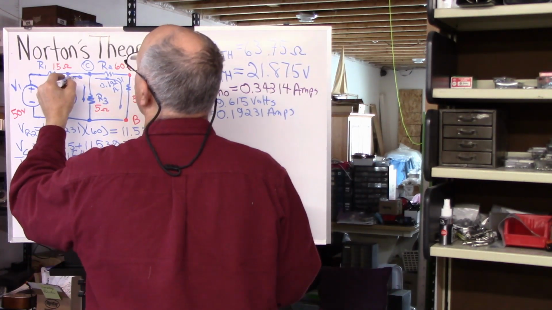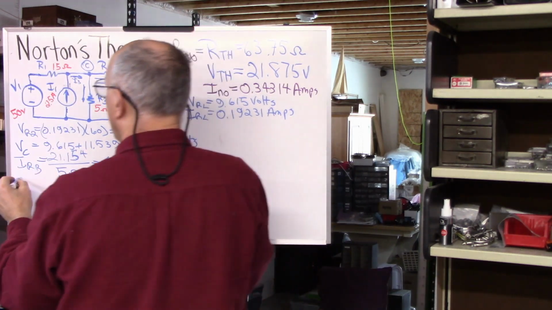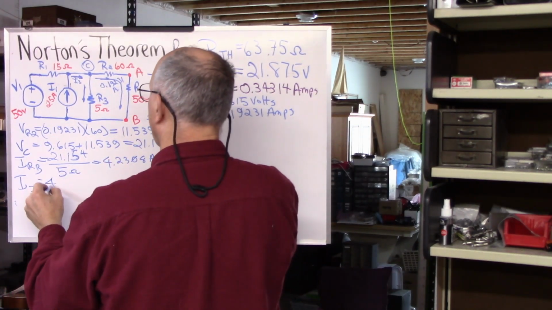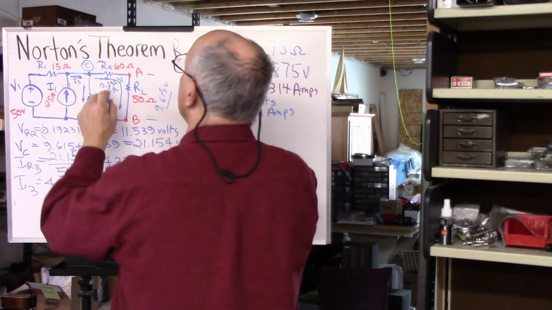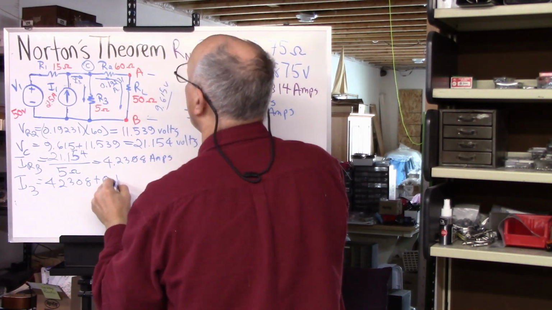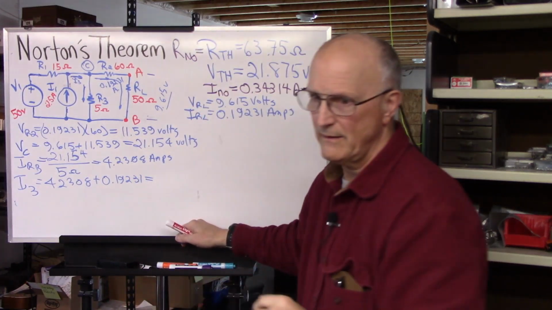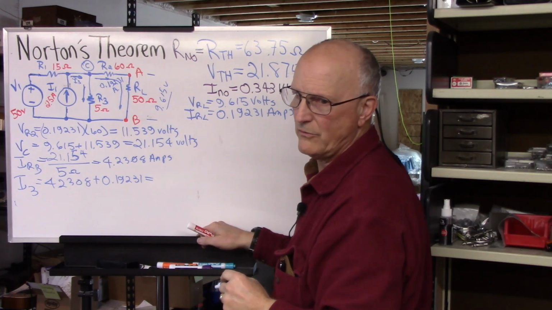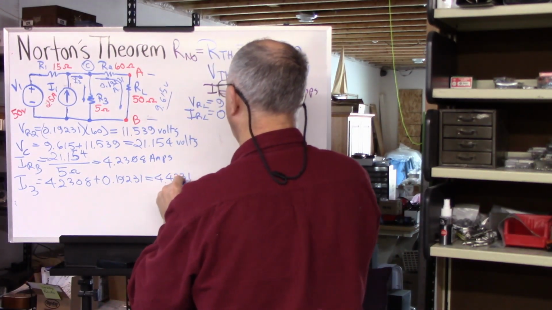So this current right here, we'll call that I3. I3 is going to be equal to this current, 4.2308, plus this current, 0.19231, which is going to give us 4.42311 amps.